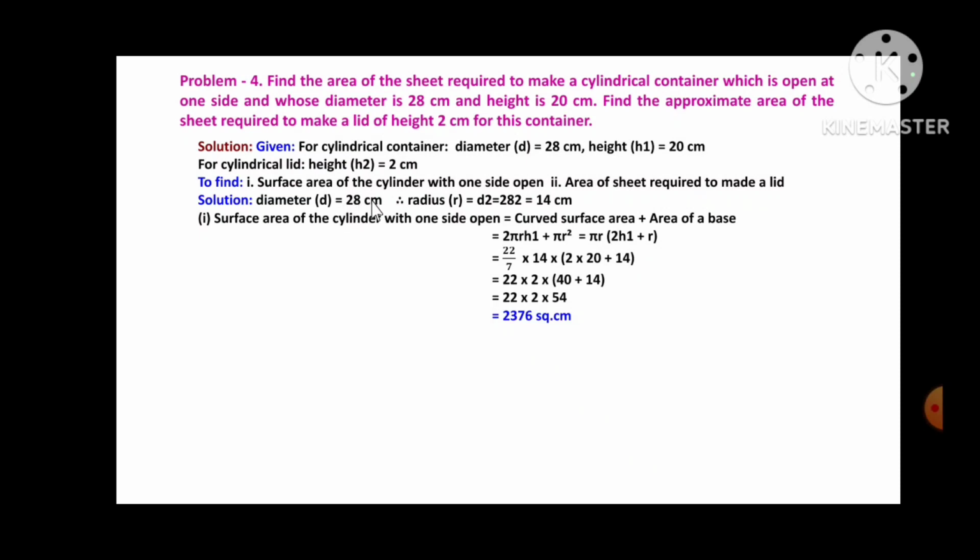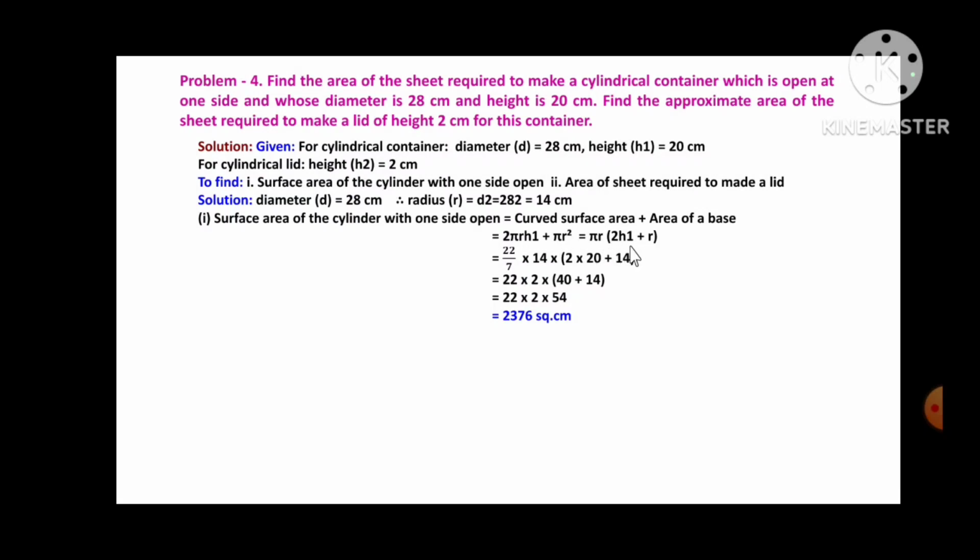So diameter is 28 centimeter. So radius we get by diameter divided by 2. So that will be 28 divided by 2, 14 centimeter. Surface area of this cylinder with one side open is curved surface area plus area of the base. 2 pi r h1 plus pi r square.